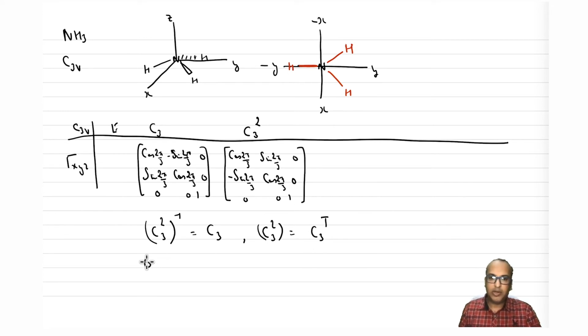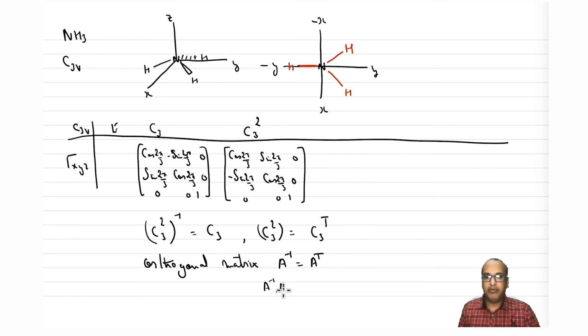Because this is an orthogonal matrix. So for an orthogonal matrix, if A is an orthogonal matrix, we can say that A inverse is equal to A transpose, where we can say A inverse A is equal to I, or E in this case, right?